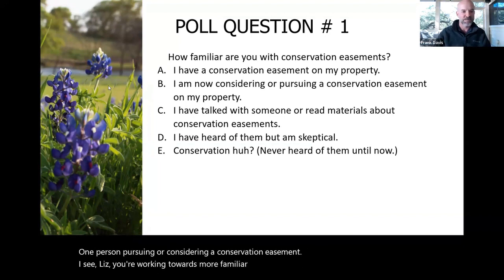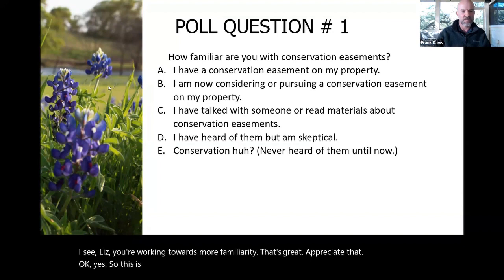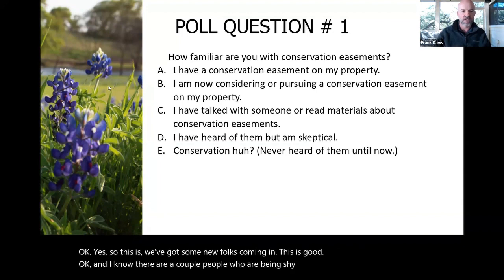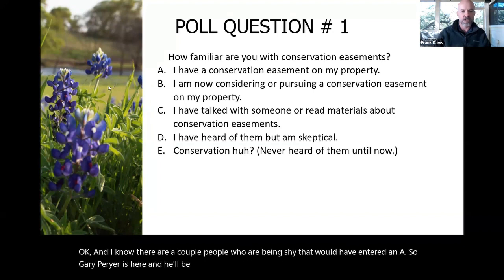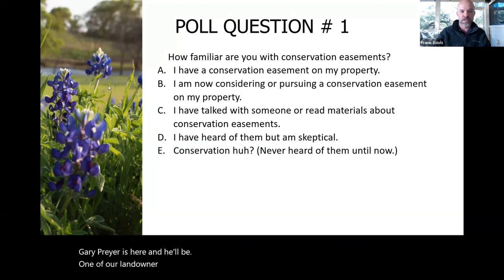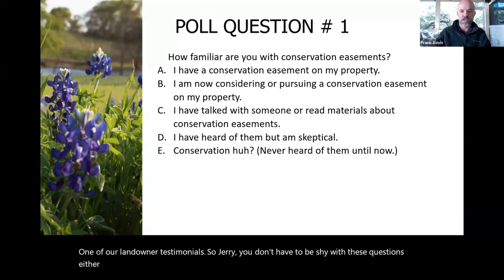That's great. Appreciate that. Okay, we got some new folks coming in. This is good. I know there are a couple people who are being shy that would have entered an A. So Gary Purrier is here, and he'll be one of our landowner testimonials. So Gary, you don't have to be shy with these questions either. So let's move on to the next one.